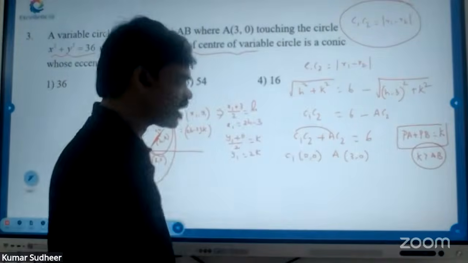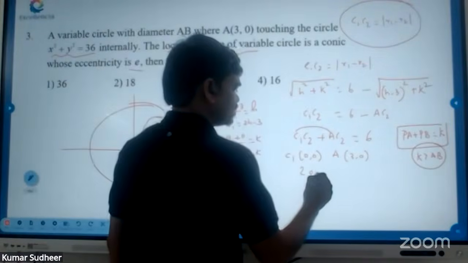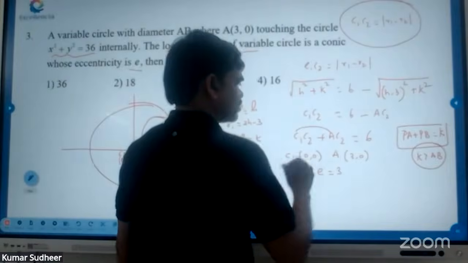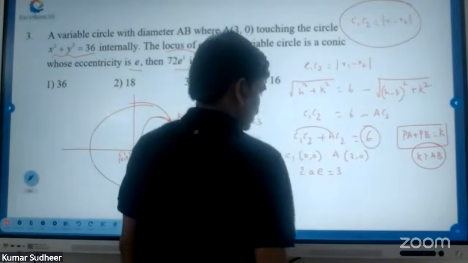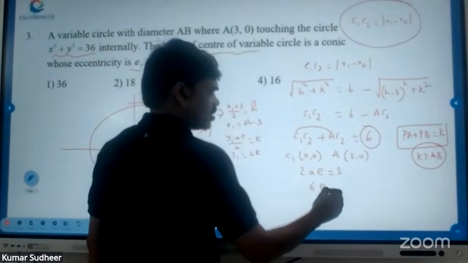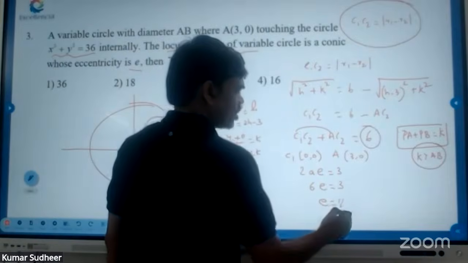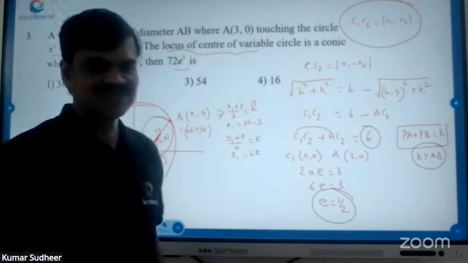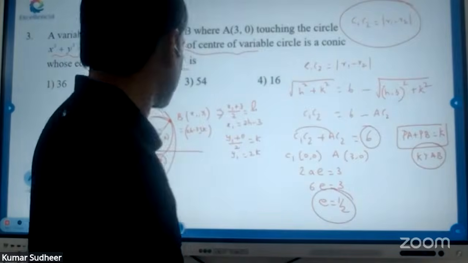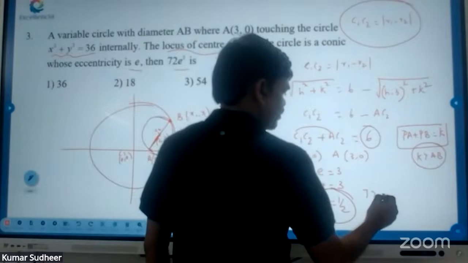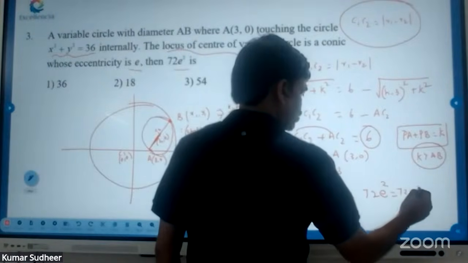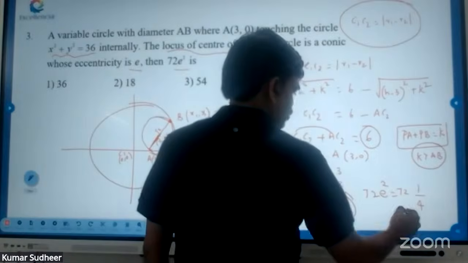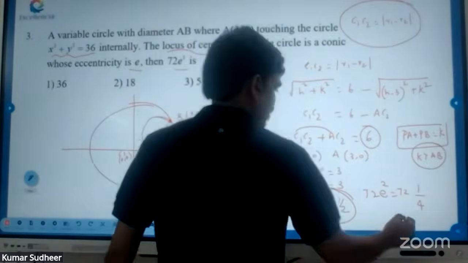What is the distance between the foci? We know it is 2ae, that is equal to 3. The sum of distances is 2a, which is 6, so a equals 3. So the e value is how much? 1 by 2. So we got the value of what they're asking, 72 e squared. 72 e squared is equal to 72 into 1 by 4, so we get the answer as 18.